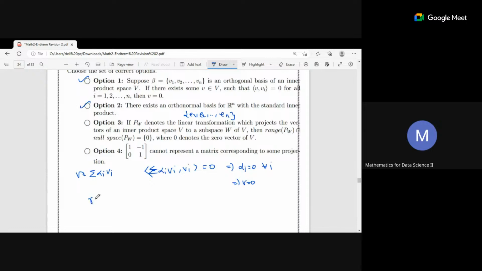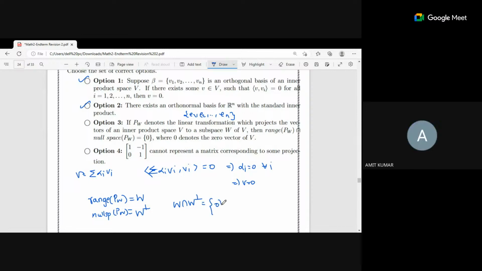You should know what the range of PW and the null space of PW are. What is the range and null space of the projection map? The range of PW is W, and the null space of PW is the orthogonal complement.